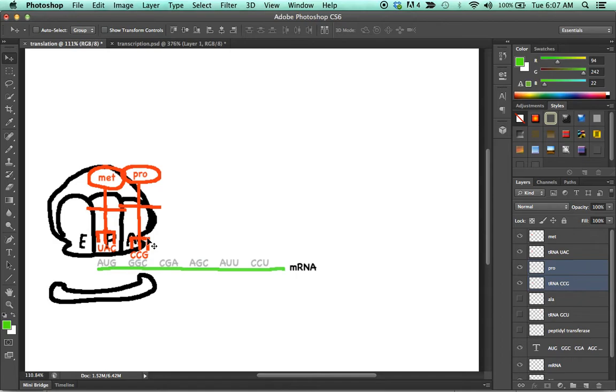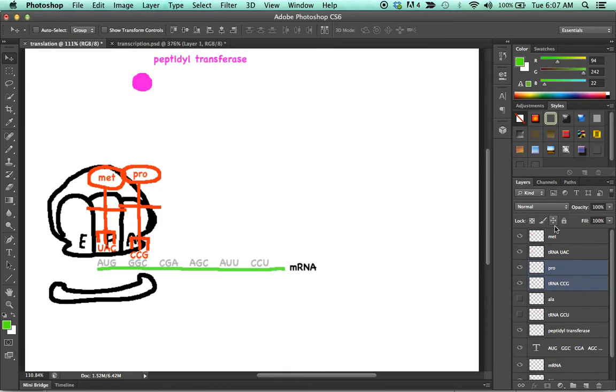Now, remember this very well. Whenever the P and the A site of the ribosome are occupied, we have this enzyme called peptidyl transferase.